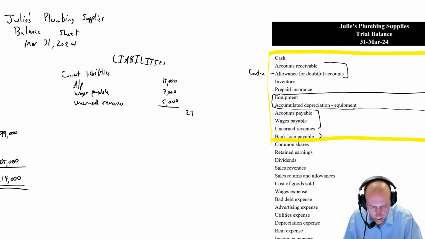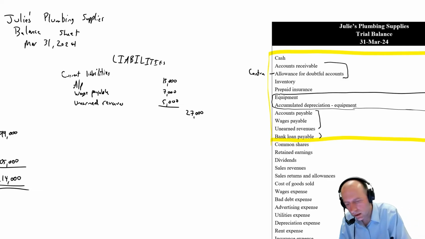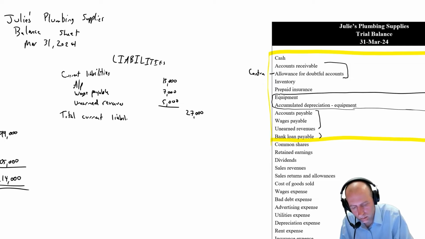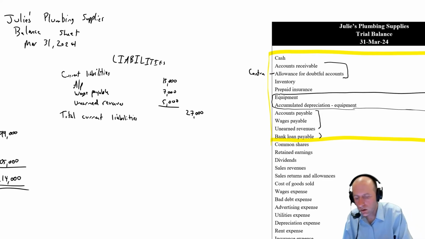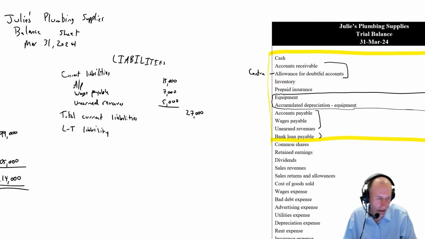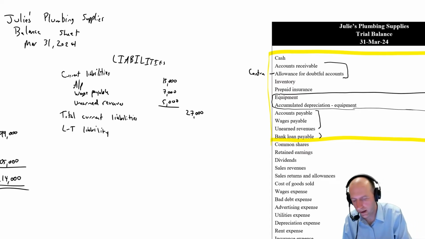Total here is 27,000. That's our total current liabilities. On to long-term liabilities, and it's really just the one, so I'll call it a liability. If you called it liabilities, that would be fine with me.